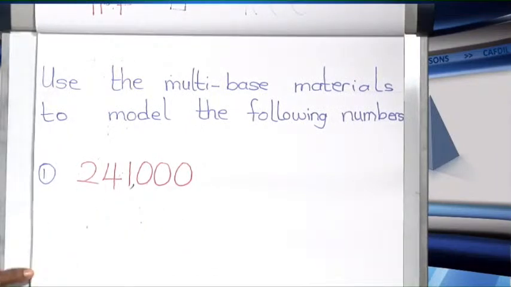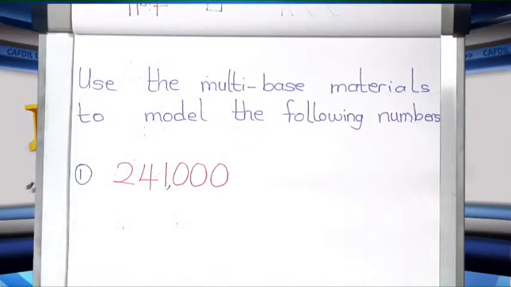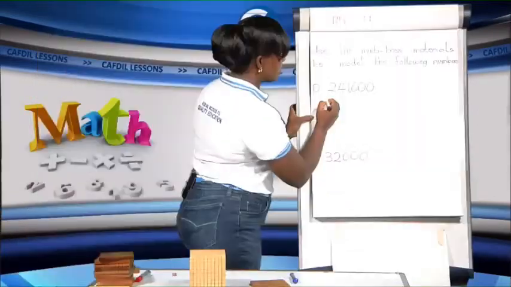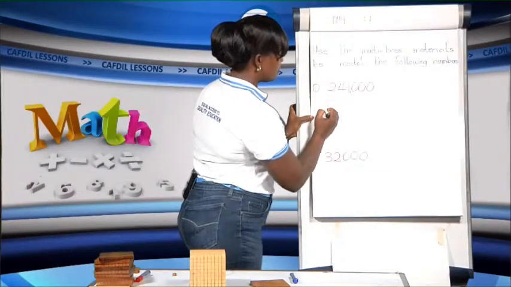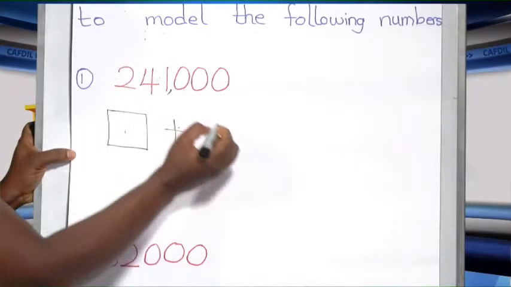When you look here, we have 241,000. It means we're going to have 2 of the flats, 4 of the rods, and 1 of the units. So I'll draw my flats, plus 4 of the rods.